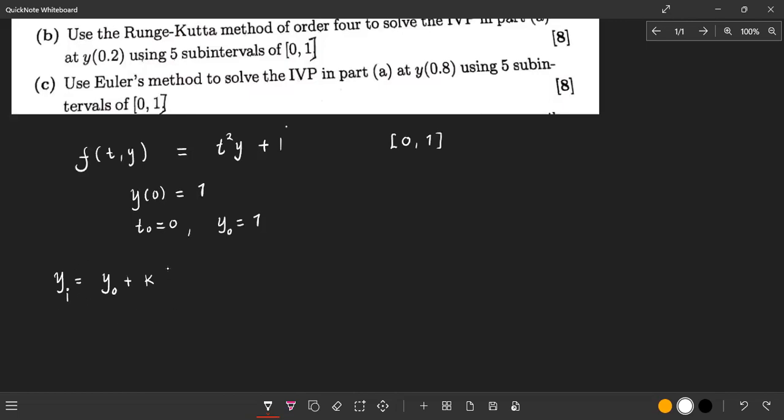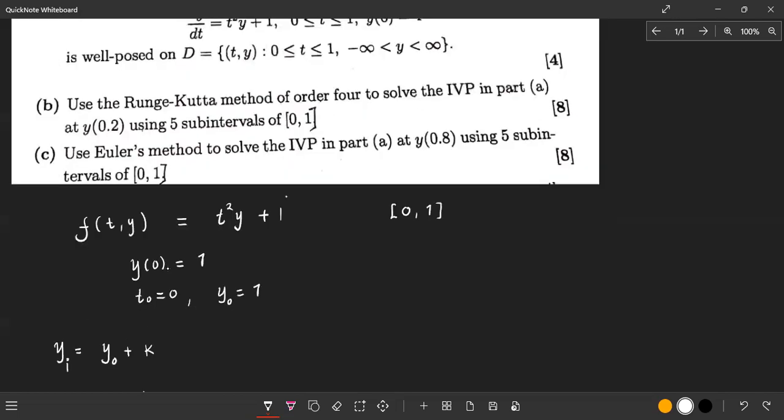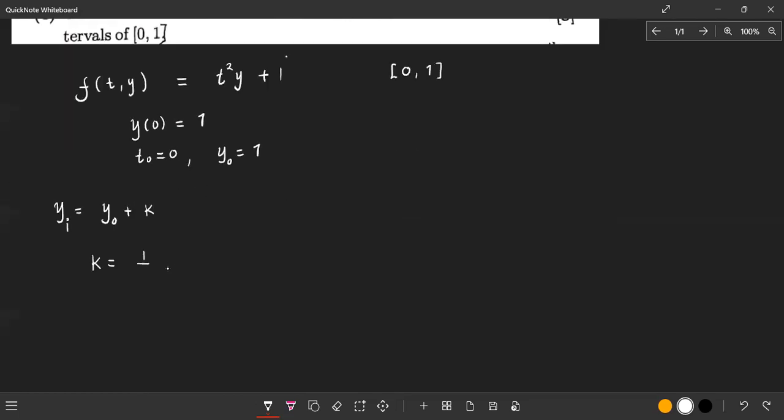So what is k? We need to find what k is. k is given by 1/6, for the order of 4, right? We're focusing on the order of 4. So the formula for k is equal to 1/6 times k1 plus 2k2 plus 2k3 plus k4.